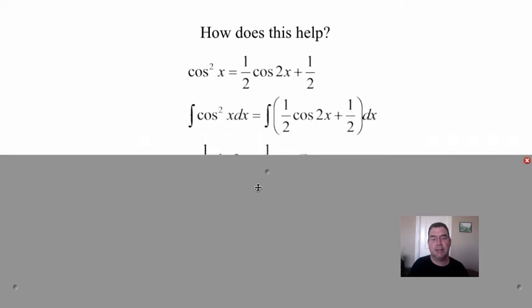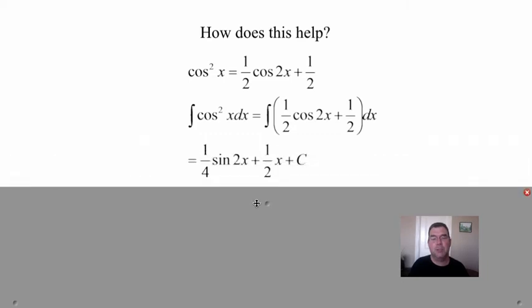So they should have exactly the same antiderivative. So following all the rules that I know, including the ones that I went over in a previous slide, the antiderivative of this is 1/4 times the sine of 2x plus 1/2 x plus c. All right, and that's the antiderivative of cosine squared.